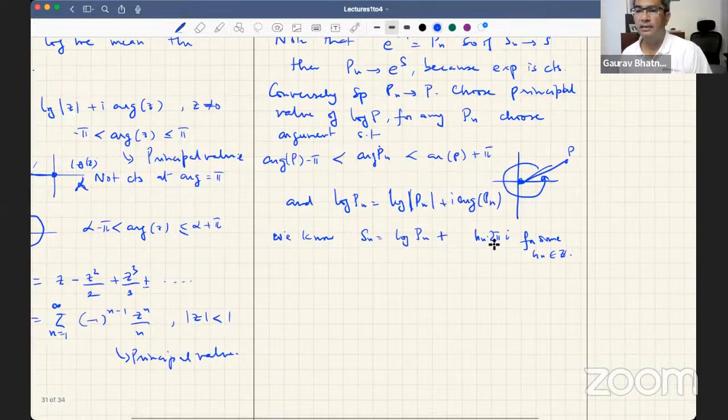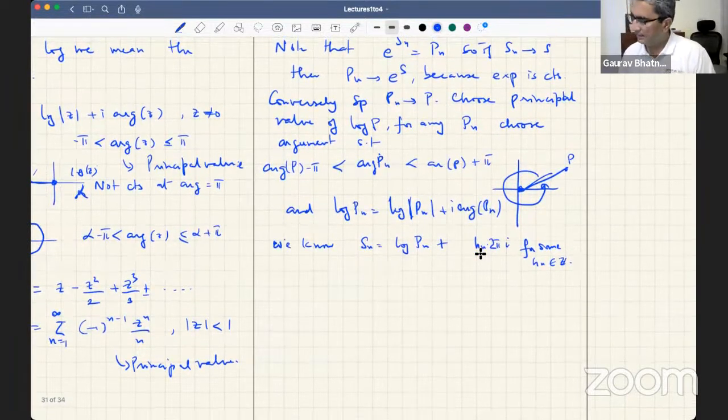So they differ by some integer, and what we want to show essentially is that h_n converges somehow.